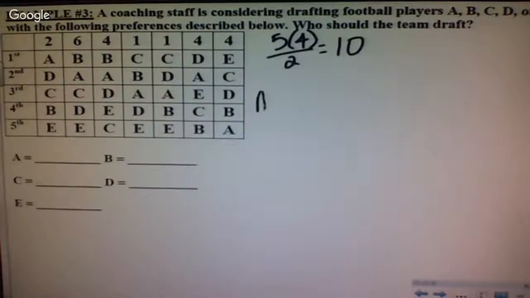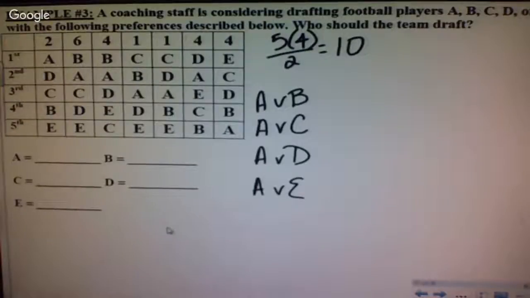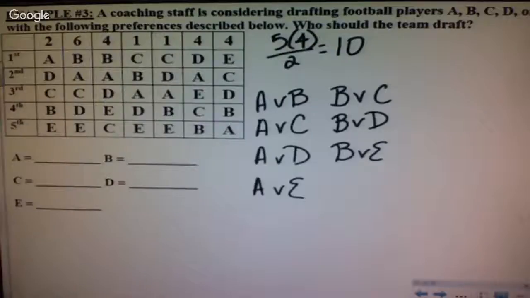listed. So we've got A versus B, A versus C, A versus D, A versus E. Okay, so your first one starts out with 4 comparisons. So then when I start with B, there should be 3 here. B versus C, D, and E. There's 7.